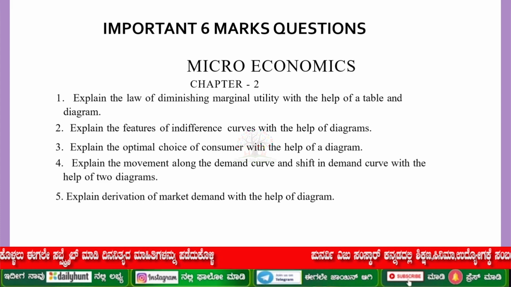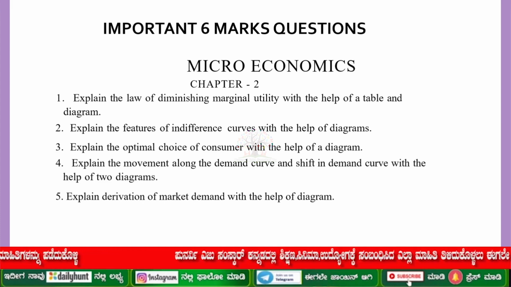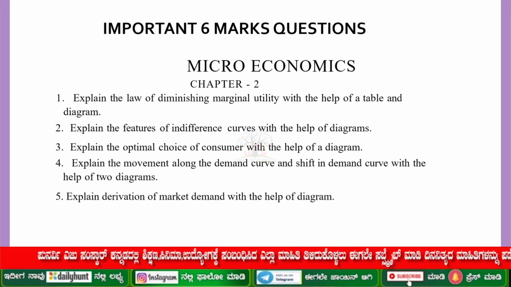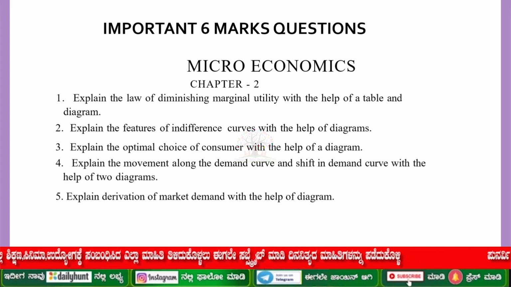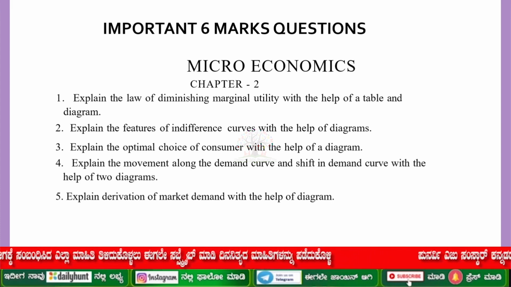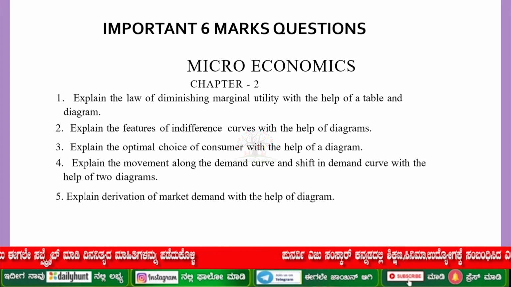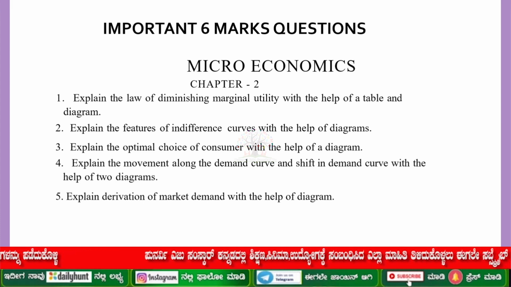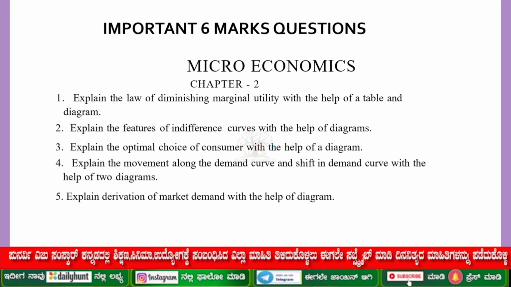That means out of 7 questions, 1 question will be from this chapter. That 1 question may be LDMU, or the features of indifference curve, or optimal choice, or movement along the demand curve and shift in demand curve, or derivation of market demand curve with the help of a diagram.